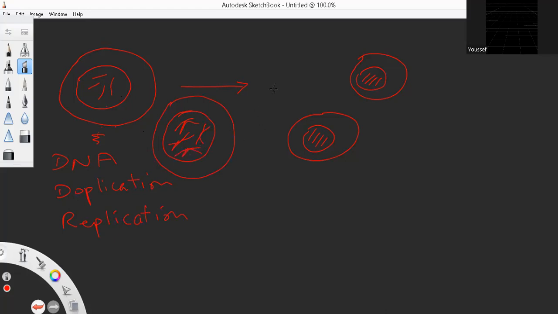Then it divides into daughter cells, each with the same number as the mother. Understand what I mean? So the duplication or replication of the DNA or chromosome is the step before division.